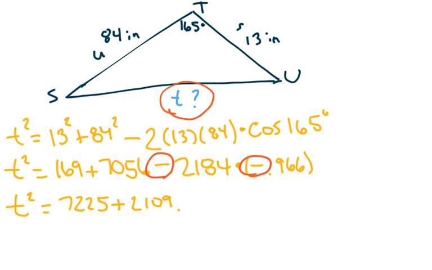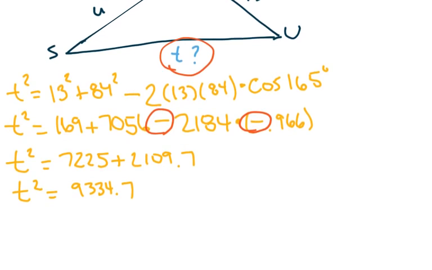I'm just going to round it to one decimal, so 2,109.7. Keep it going. t squared equals 7,225 plus 2,109.7, and that gives me 9,334.7.